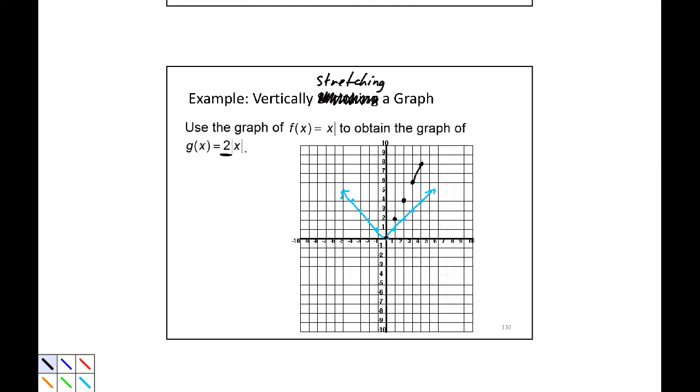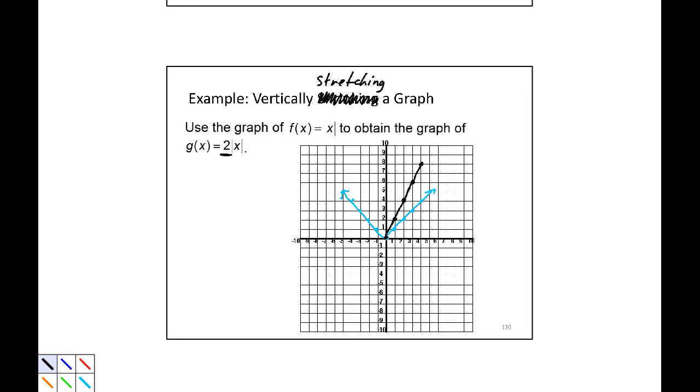If you notice, rather than growing at a rate of, well, if you think about our slope, up 1 and over 1, up 1 to the right specifically, instead, because this is a 2 absolute value of x, we are now increasing by 2. We rise 2 and go to the right 1. We increase 2, go to the right 1.